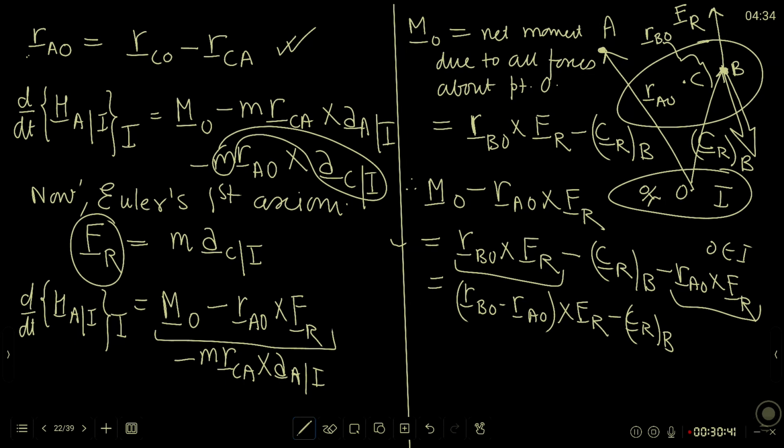Which is what? RBO minus RAO will be the RBA vector cross FR. Okay, this should be plus. It's plus CRB.